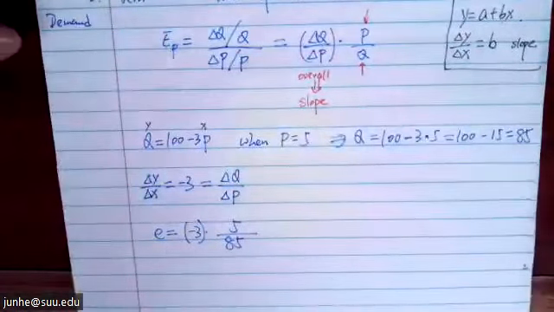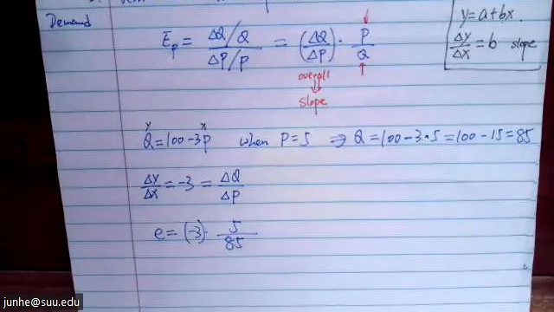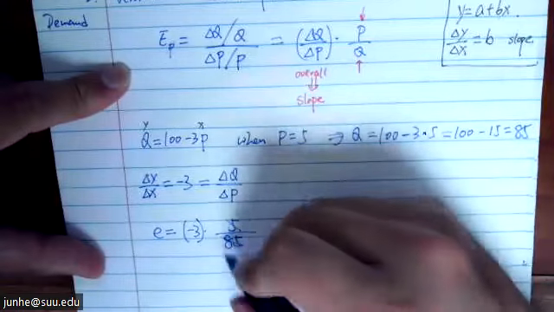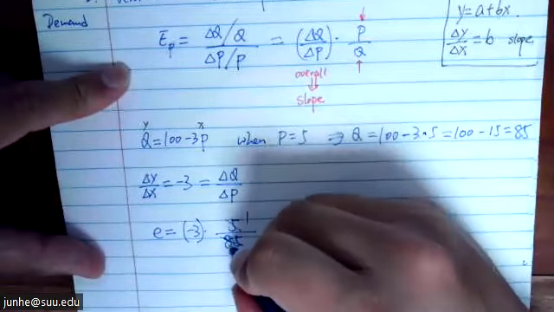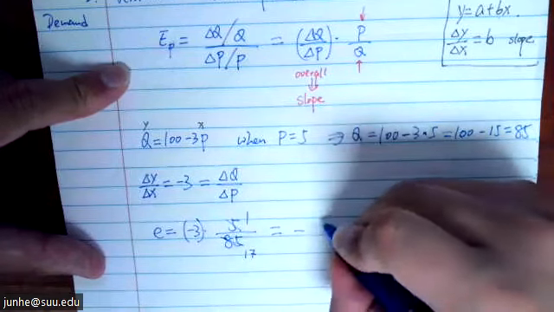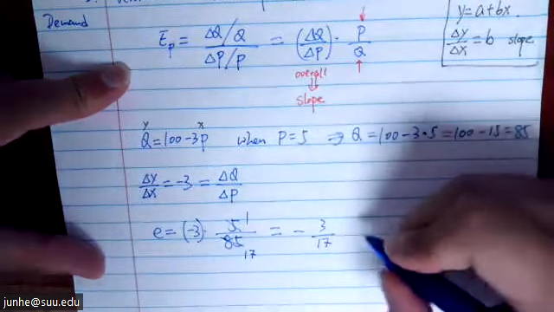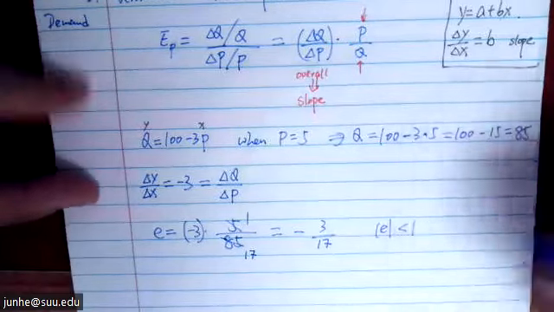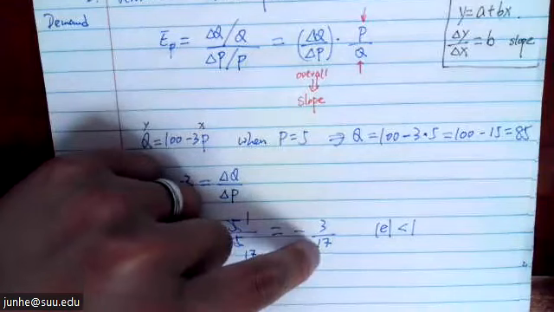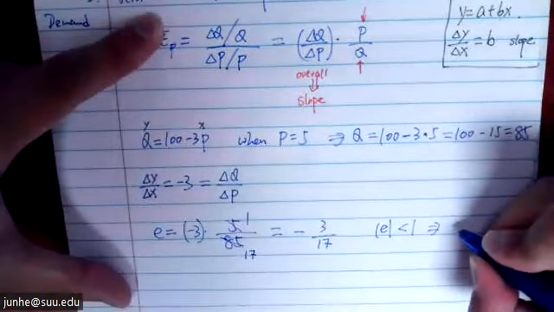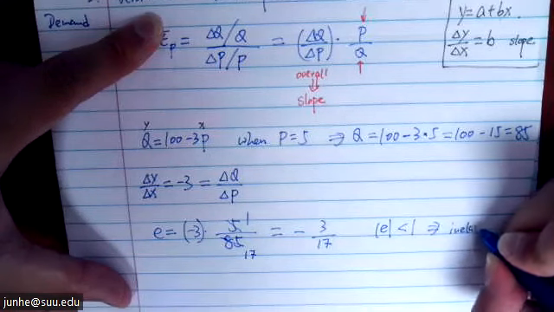Then you just need to work it out on your calculator. It is 1 over 17. So the result is minus 3 over 17. The absolute value of E is smaller than 1 because 3 is smaller than 17, right? So we can infer that the consumer is inelastic.